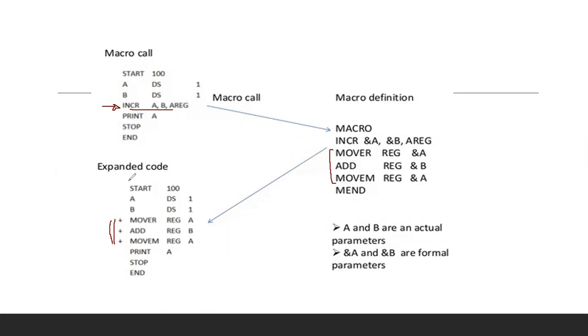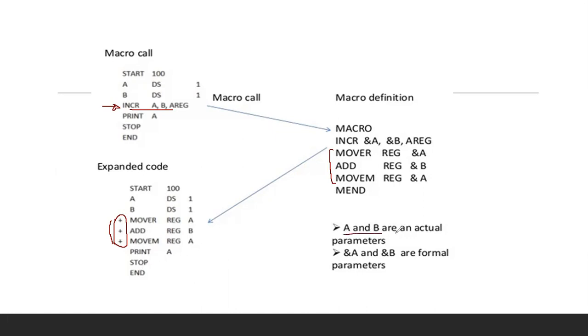Now, how to identify the original statements of the program and the expanded statements of the program? This is solved using a plus sign before the label field. So this plus indicates that move, add and move, these three statements are expanded from the macro. Otherwise, start, A, B, print, stop and end are the original statements of the program.